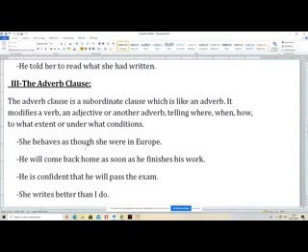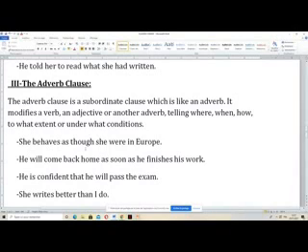Next sentence. "He will come back home as soon as he finishes his work." "As soon as he finishes his work" is the adverb clause, functioning as an adverb of time, modifying the verb come back.